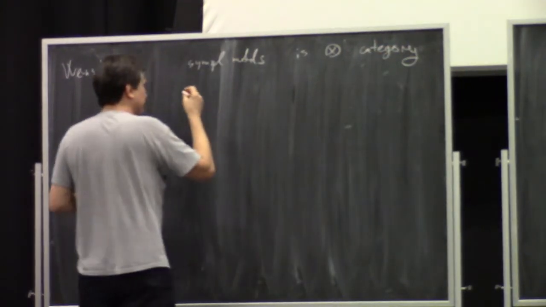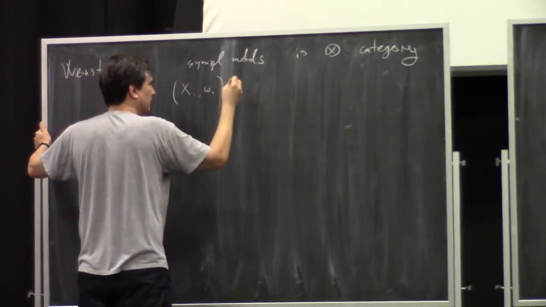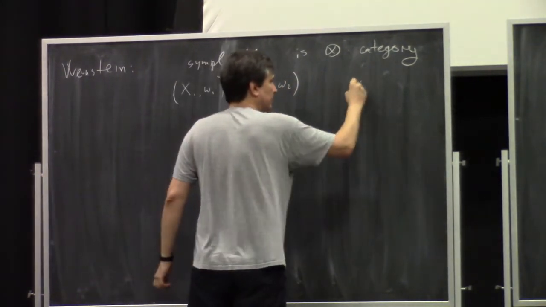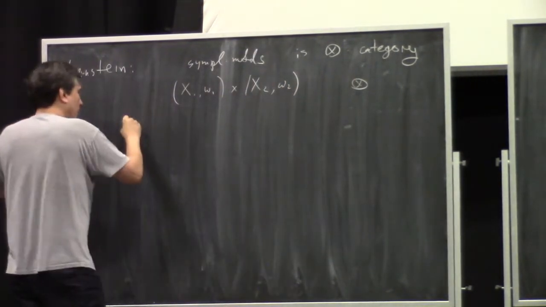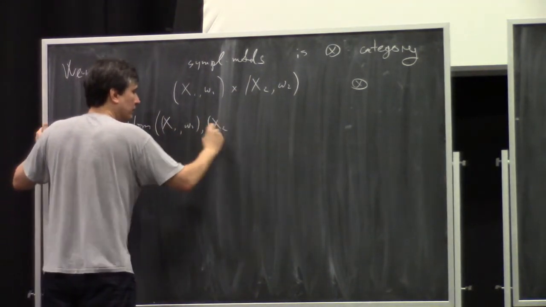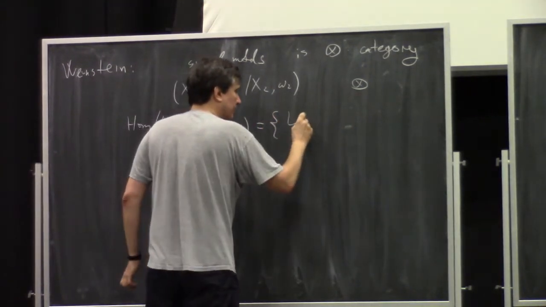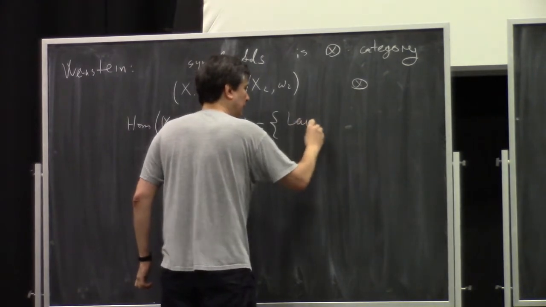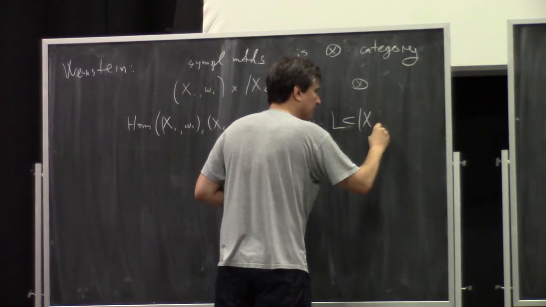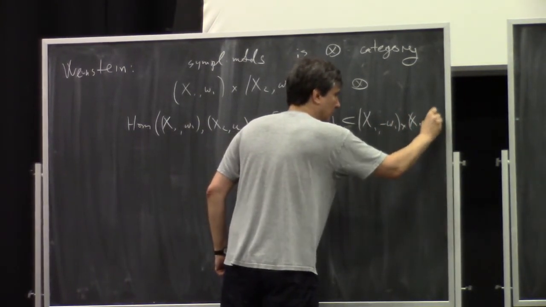With the tensor product, if you get two manifolds, you can take the usual product of two symplectic manifolds, that will be the tensor product. And Hom from (X1, omega 1) to (X2, omega 2) will be the set of Lagrangian correspondences. But L should sit in the product of X1 and X2, where in X1 you change the sign of the symplectic form.